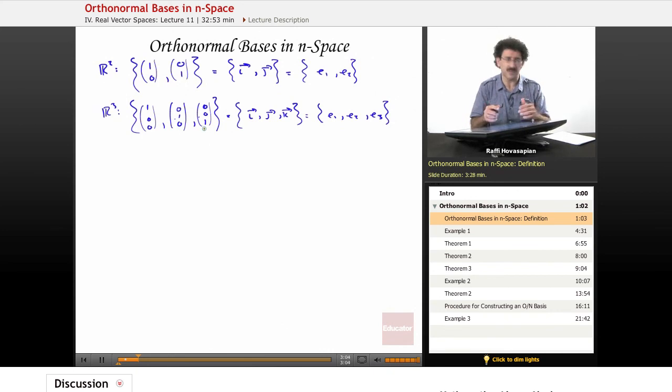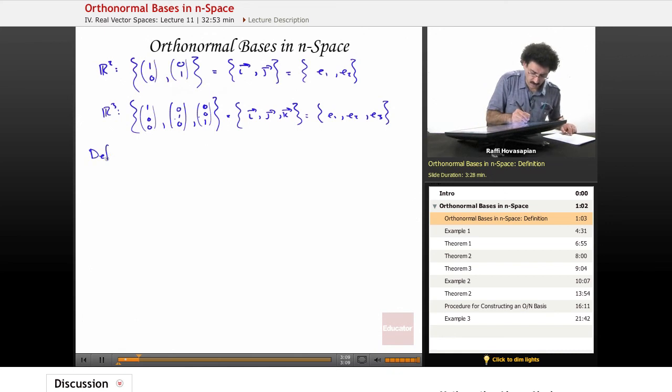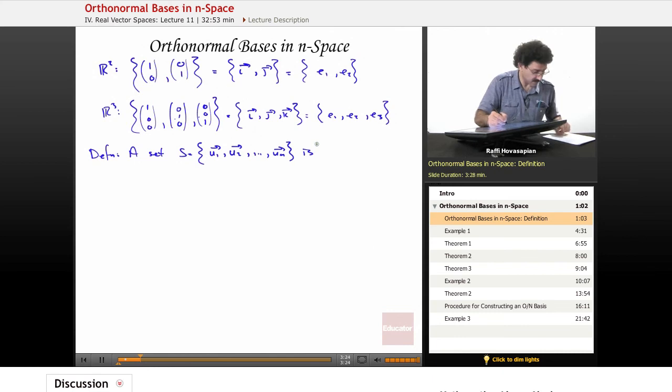Let's just start off with some formal definitions first. So we have a set S, which is the vectors u1, u2, all the way to un, is orthogonal if any two vectors in S are orthogonal.